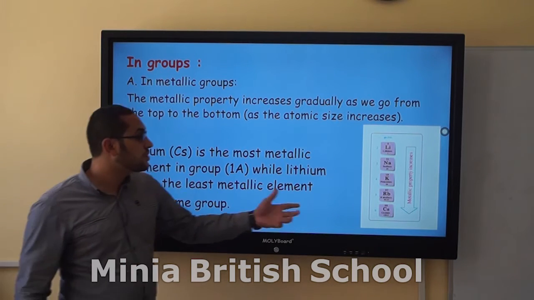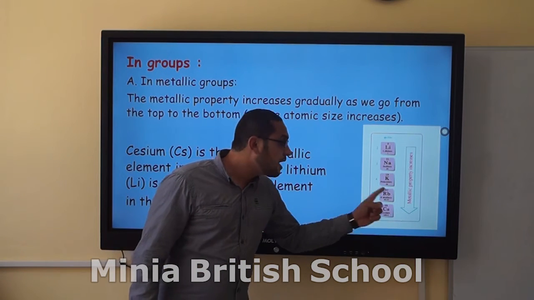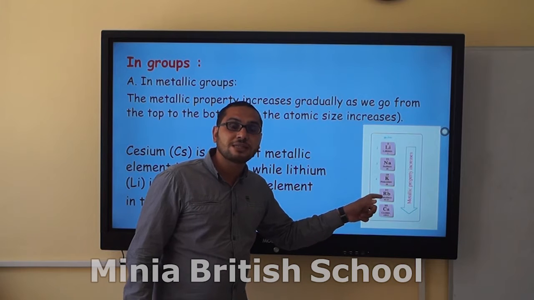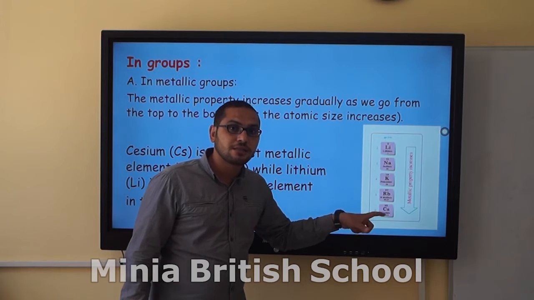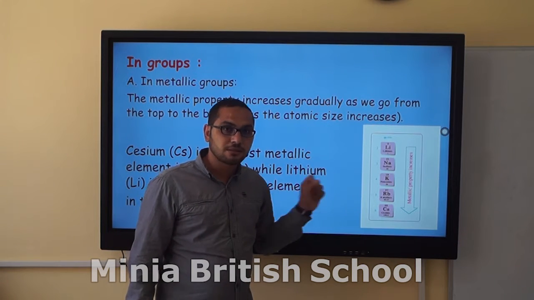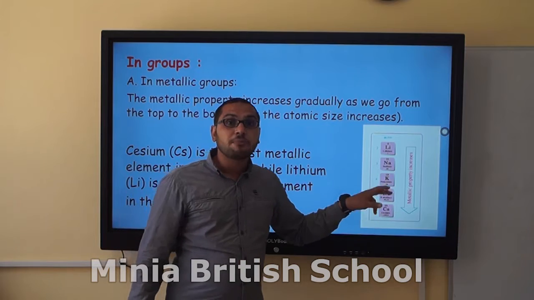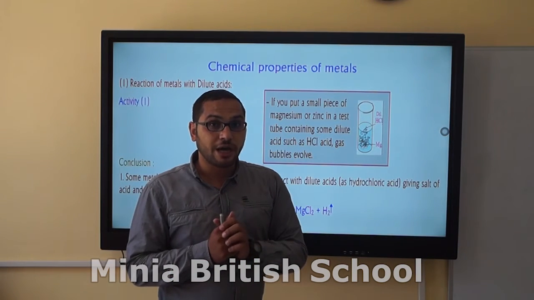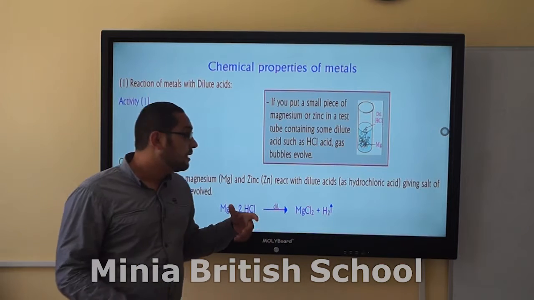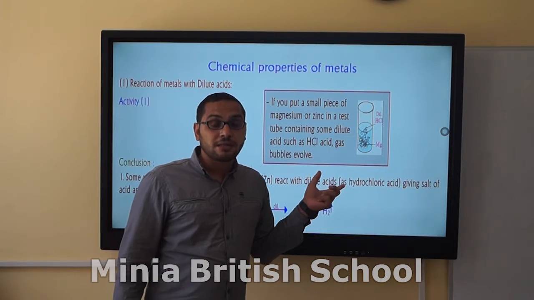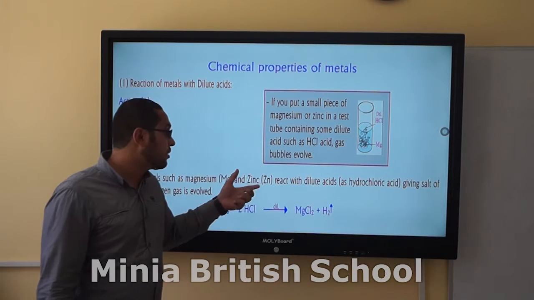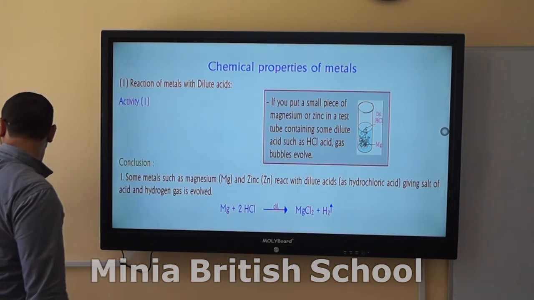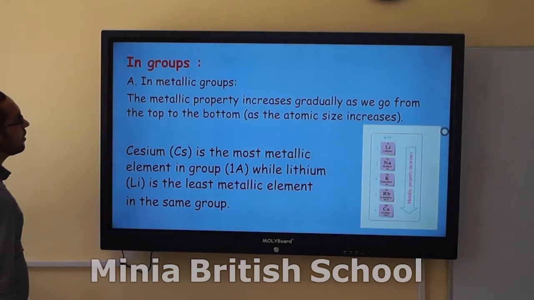So the question here: why is cesium considered one of the strongest metallic elements? Because cesium has the largest atomic size and it can lose its valence electrons easily. Is that clear?